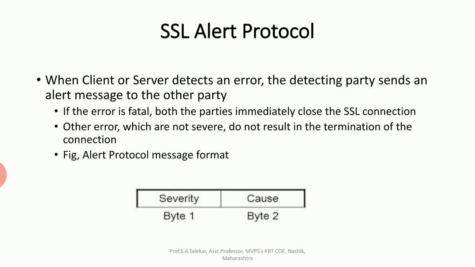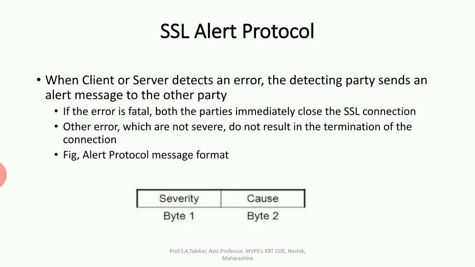Now the third protocol that is very important is the SSL alert protocol. When the client or server detects an error, the detecting party sends an alert message to the other party. If the error is fatal, both parties immediately close the SSL connection.